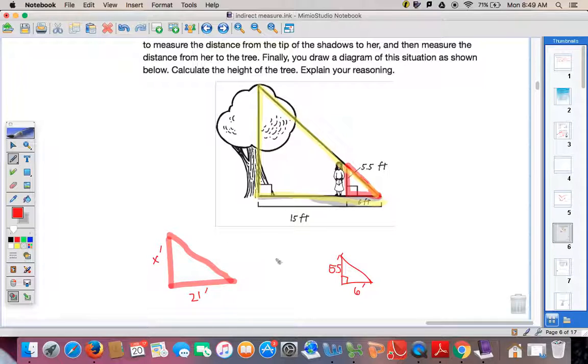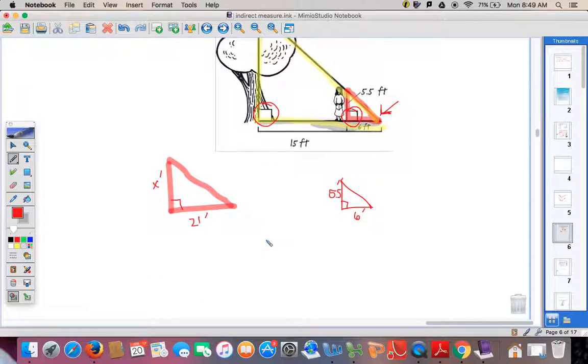Okay, but we know these are similar by angle-angle similarity because they both have 90-degree angles, and they both share this angle right here. So by the angle-angle similarity theorem, we know these two triangles are similar, and based on that, we can set up a proportion. We want to put these in corresponding locations. So we can say x over 21 is equal to 5.5 over 6.